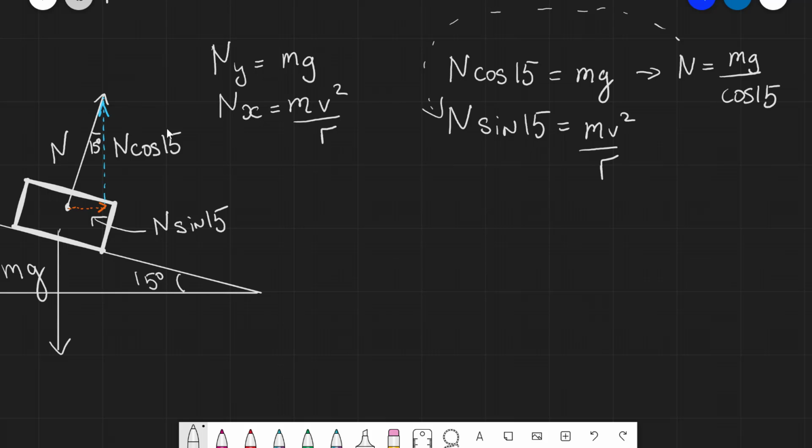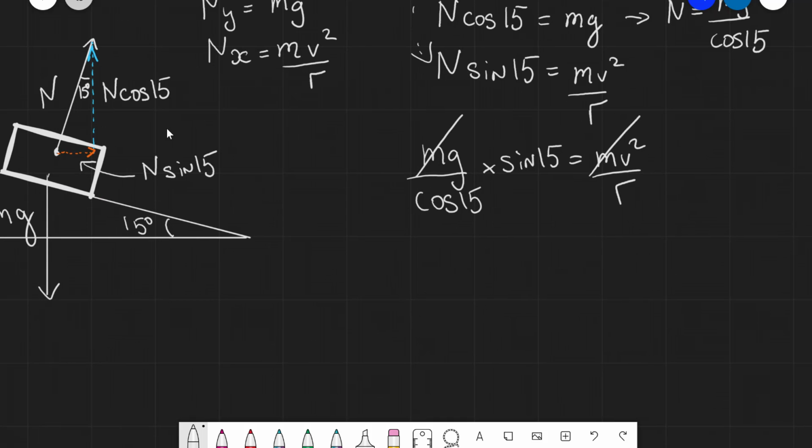So what I'm going to get is that mg over cosine of 15 times sine of 15 is equal to mv squared divided by r. Now notice that the masses are going to cancel out, so we don't need to worry at all about the mass of the car, which is brilliant because that's not given actually in our question.